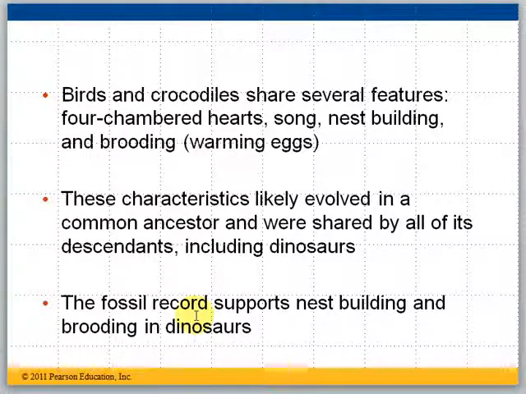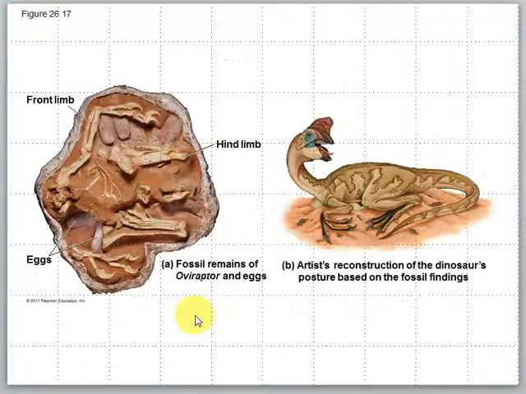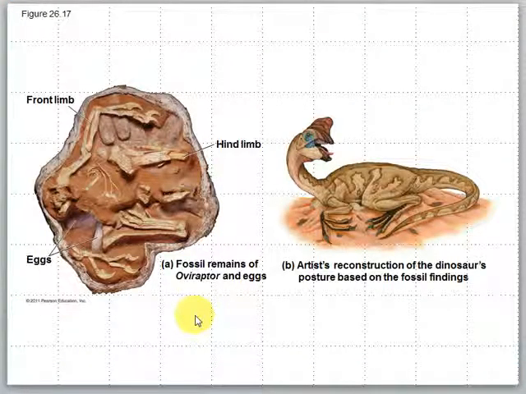We have multiple fossil finds where we find the fossilized remains of adult dinosaurs on top of nests of eggs, and sometimes even within the eggs we find the fossilized remains of the dinosaur embryos. So that would be a prediction that was made by the phylogenetic tree that has been borne out by evidence that we have found in the field.